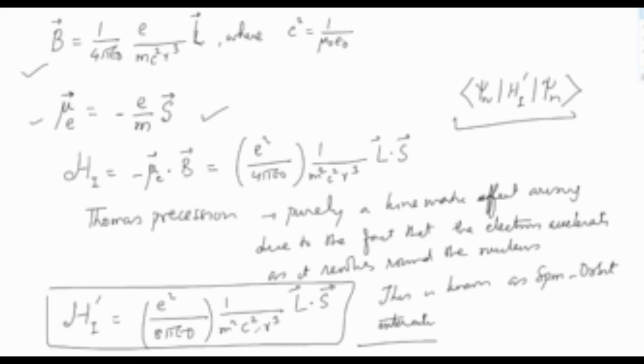Again, in this expectation value, as you can notice, we have all these as constant terms. Therefore, we are required to get the expectation value of L dot S and the expectation value of 1 over R cube, to get the first order correction due to spin orbit interaction.